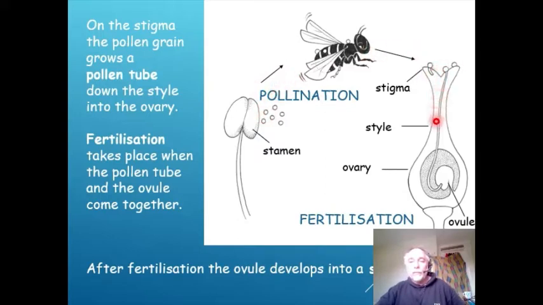As we've looked at before, the pollen tube grows down into the ovary where we find the ovule. Another word for ovule is egg, and the DNA joins, forming a seed. So pollen goes from the anther on the stamen to the stigma, the pollen tube grows down and joins with the ovule, fertilization occurs, and the seed is formed.